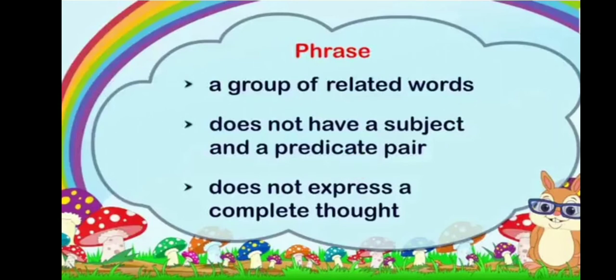So when you look at a phrase, you feel as if it is incomplete. A phrase does not express a complete thought. It means that after reading a phrase, you will not get an idea about what is being discussed.